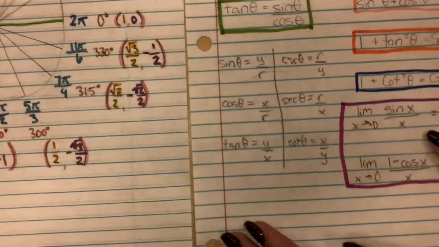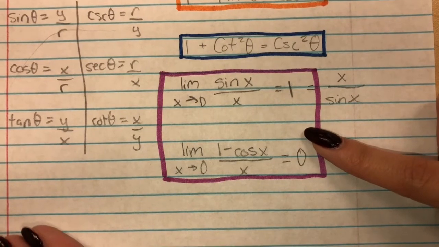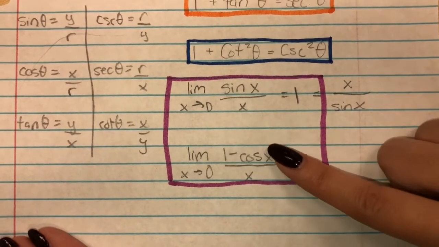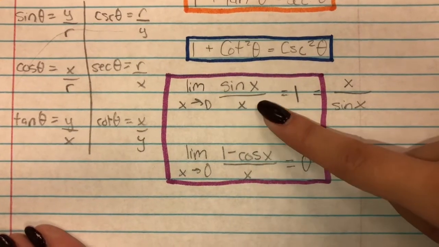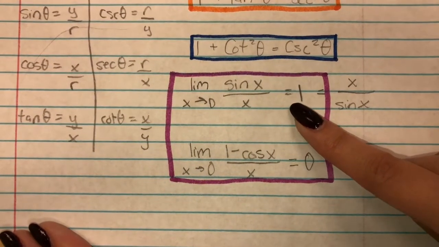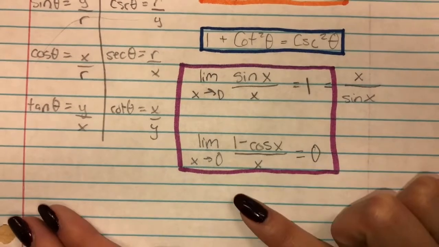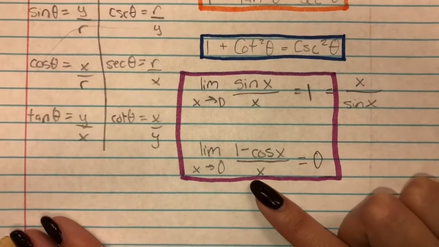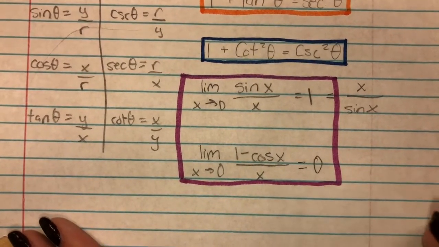This over here is just another important identity to remember: the limit as x approaches 0 of sine x over x equals 1, and that would equal x over sine x. And the limit as x approaches 0 of 1 minus cosine x over x equals 0.